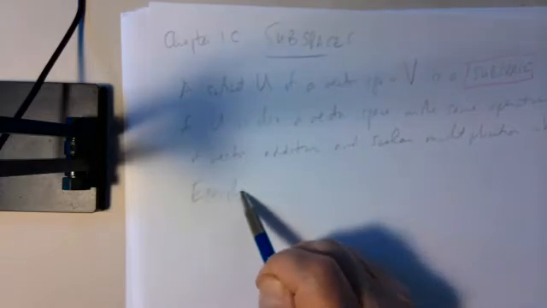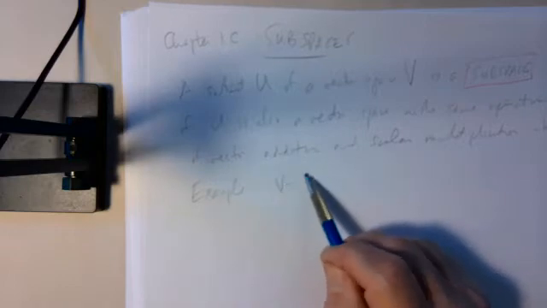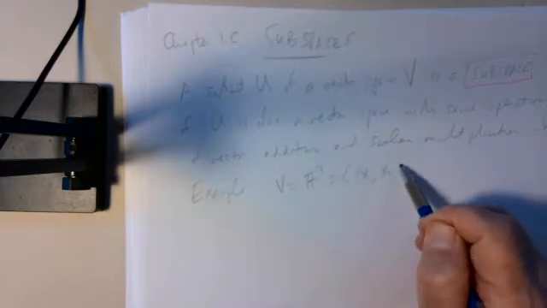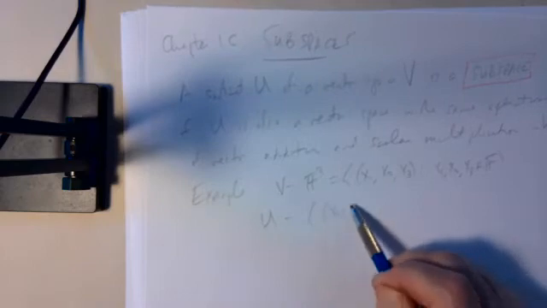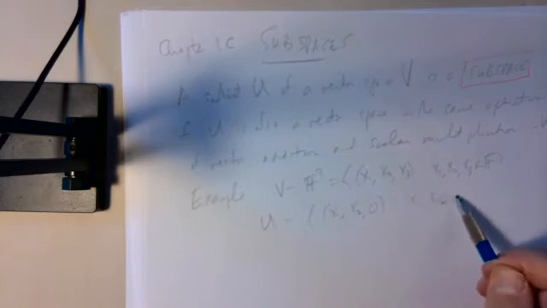So the first example that's given in the book is if we let V be F3, which is all triples of scalars, and we let U be the set of all triples, but where the third coordinate is 0. U is a subspace.